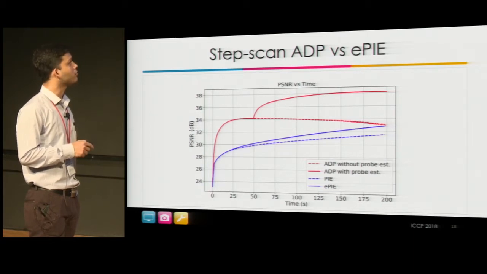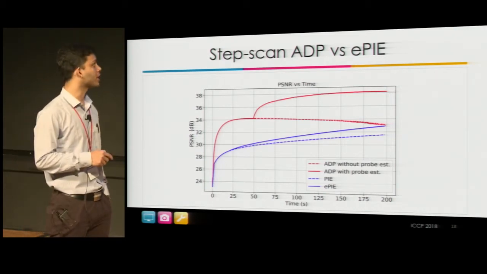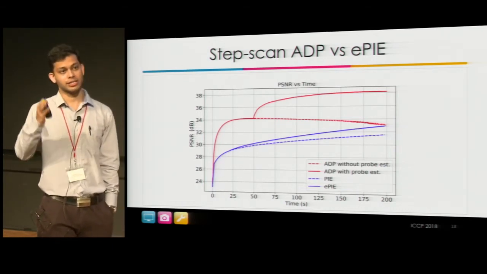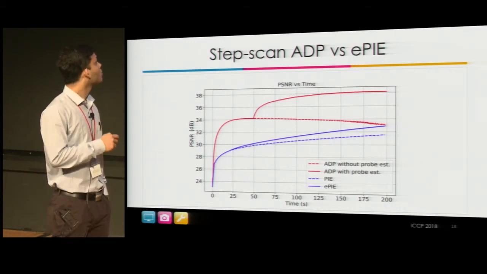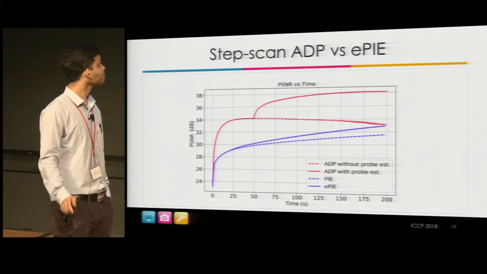And while ePy and pi are still converging, they are at least 5 dBs lower when we put the cutoff time, which is 200 seconds, because we want to look at the accuracies within a given time frame. So we actually come up with an algorithm that works for step scan with probe retrieval and achieves a higher PSNR.